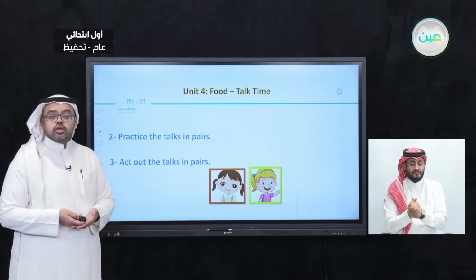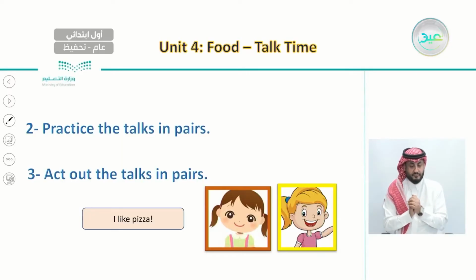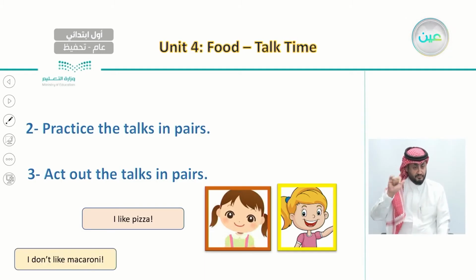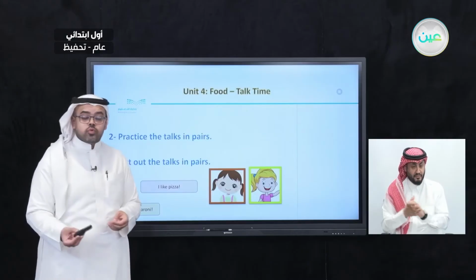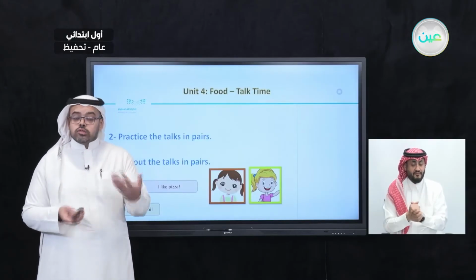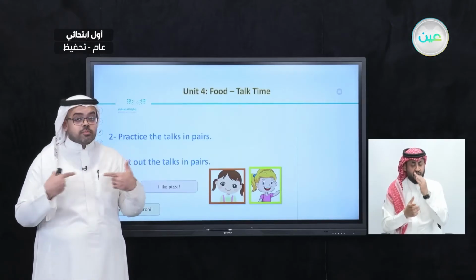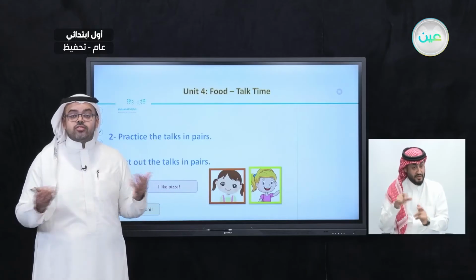When you hear this question, you can use phrases like, I like and I don't like. Not only this, but you can act out the talks. Act out means that maybe you're walking around with a type of food and asking someone, do you like this food? And when you like this food, you would say with a smile, yes, I like this food.